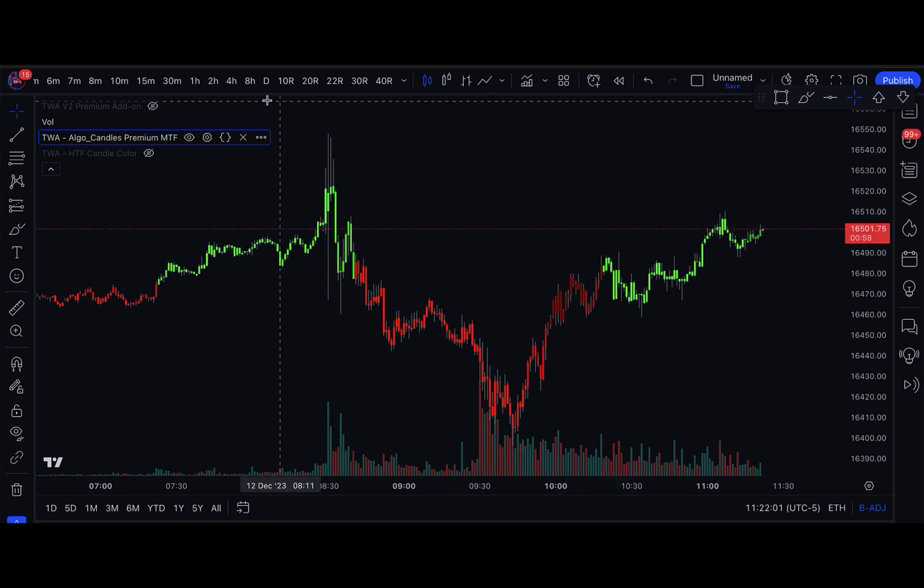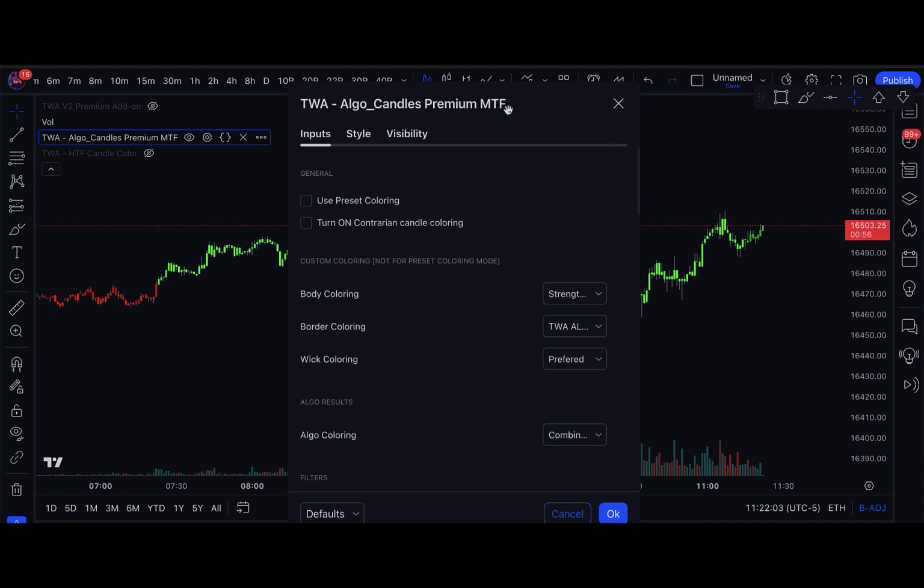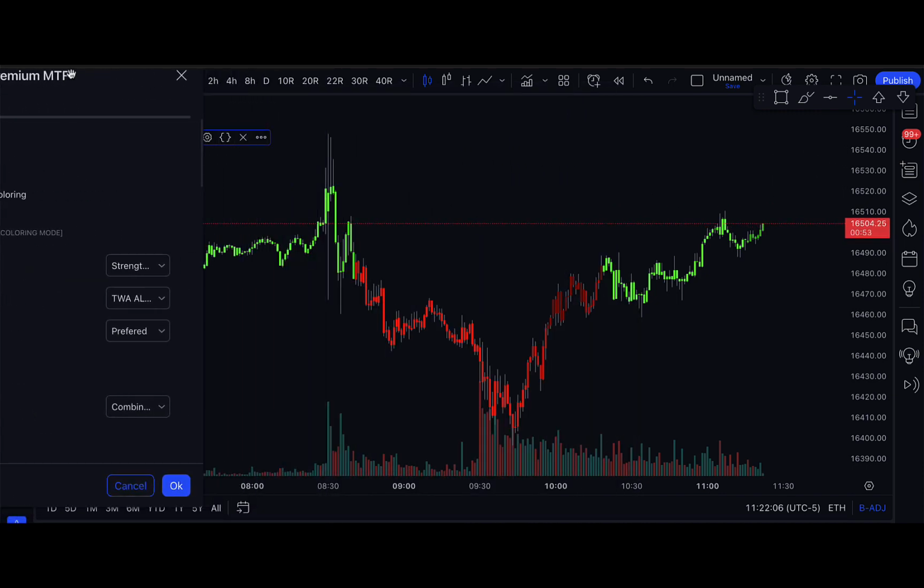All right, so now we got our algo candles back on. This is again what it looks like on chart time.